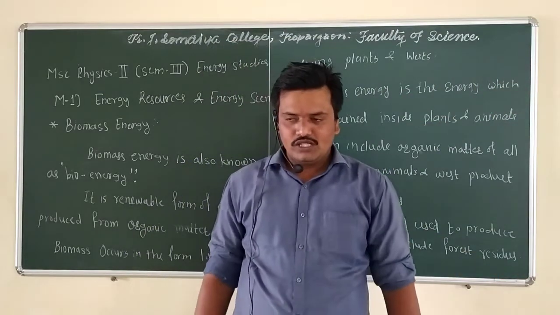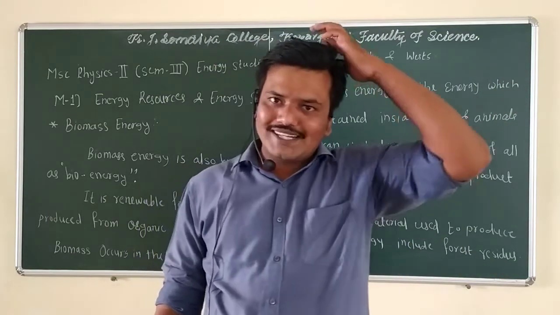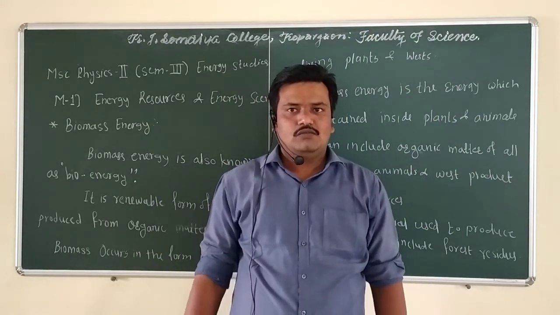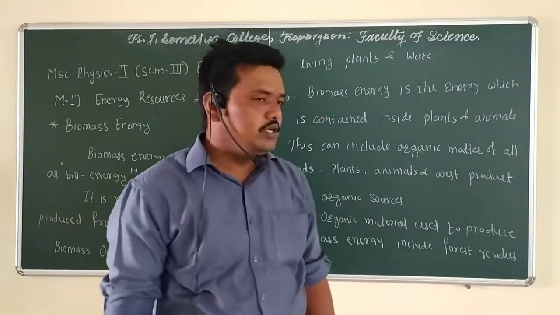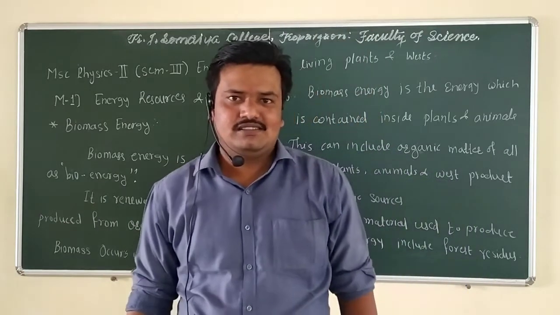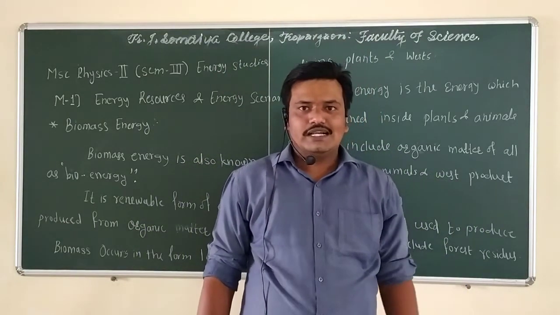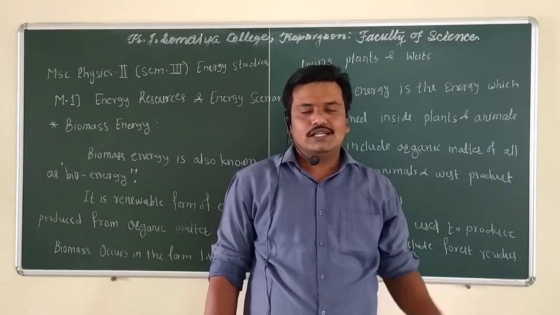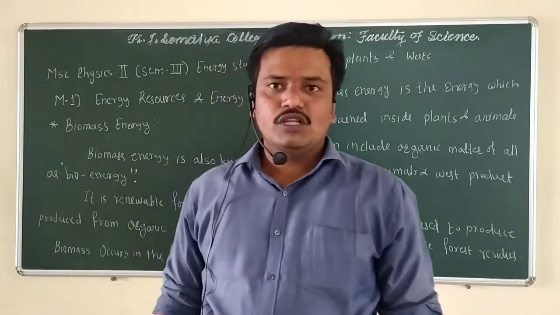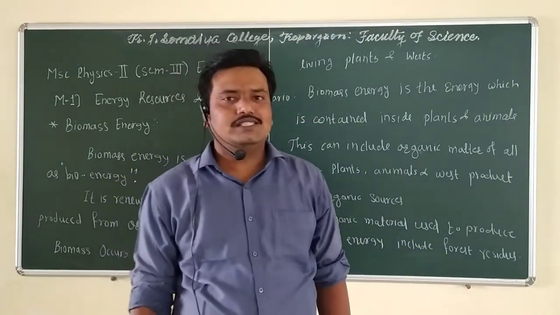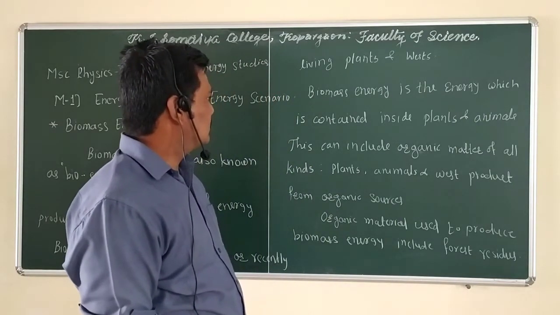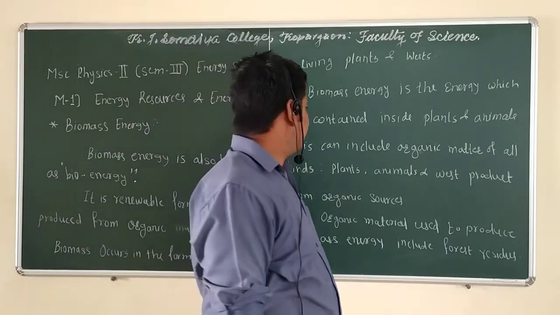produced from organic matter, and this biomass occurs in the form of living or recently living plants and waste. As I said a few seconds ago, biomass energy is produced from living forms of matter or waste materials. That waste material is considered as agricultural waste, organic matter waste, human waste, sludge, etc. From that material we extract the biomass energy, which is contained inside the parts of the plants and animals.